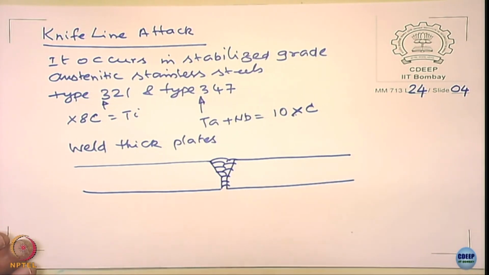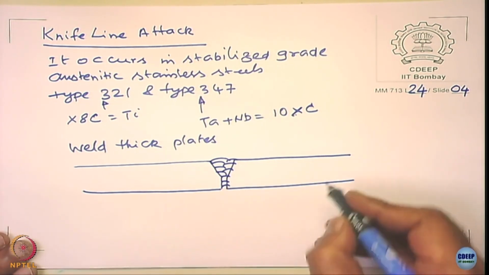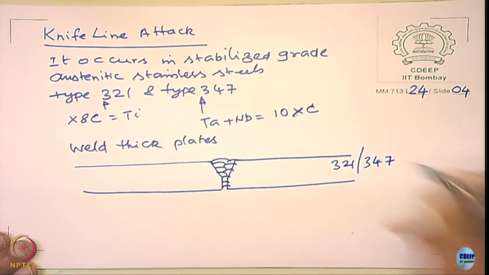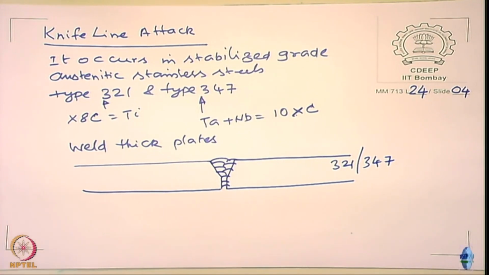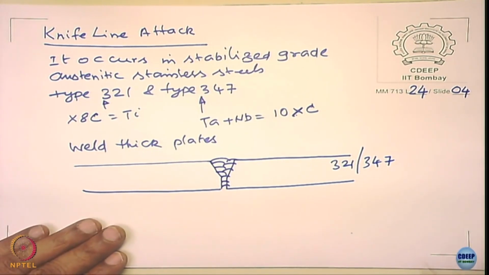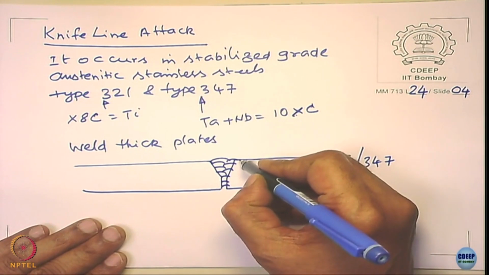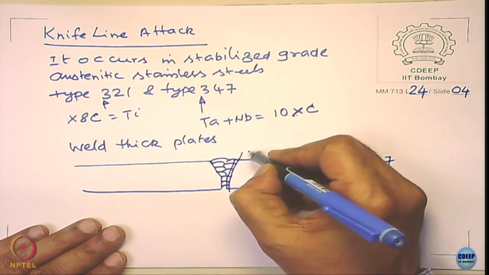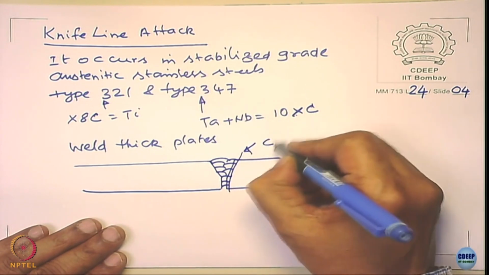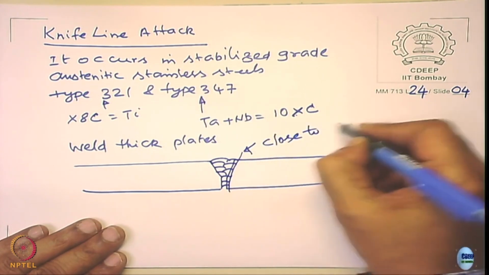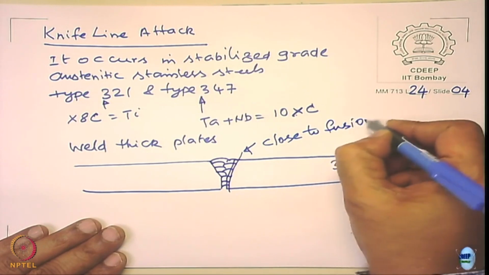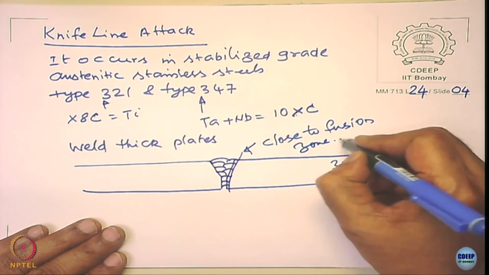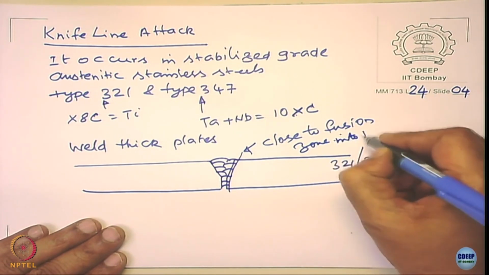And in this case, it could be a 321 or 347. What they found was the attack occurs very close to the fusion zone, and into the base metal.